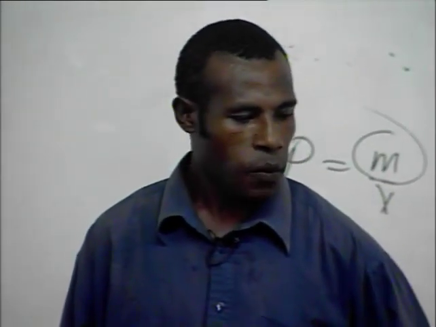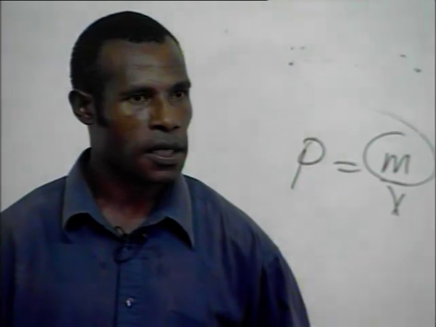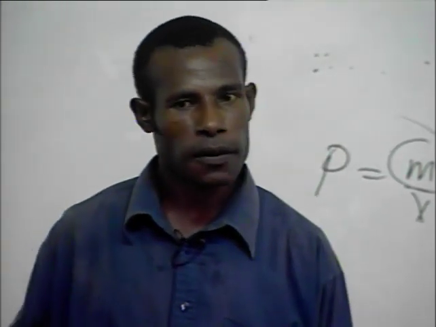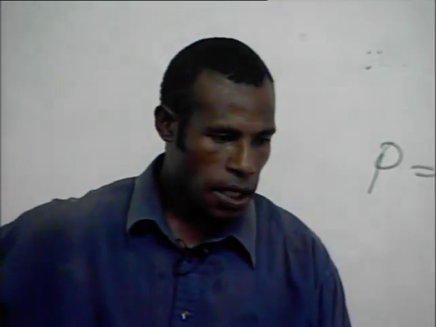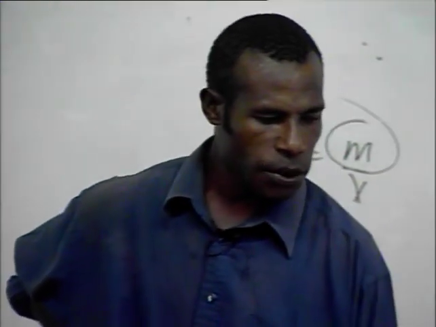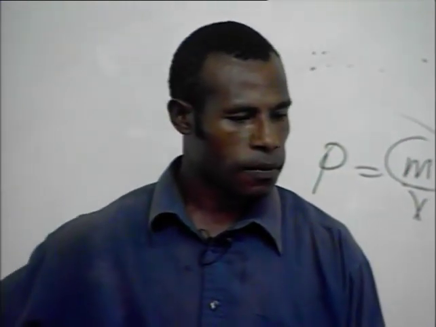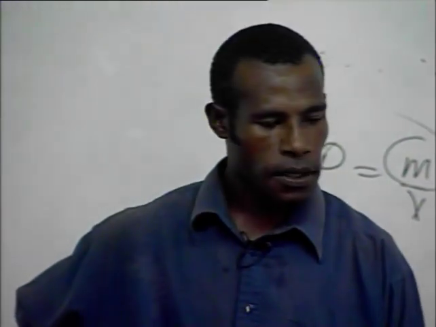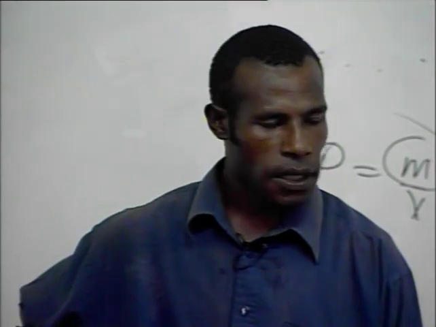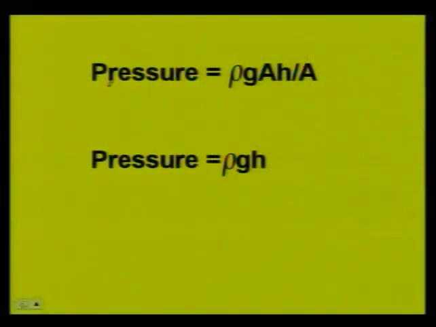Then, given the weight or the force exerted by that liquid, we have mass times acceleration, where the mass is taken from density times area times height. When we have that force, we can calculate the pressure, which equals density times acceleration due to gravity times area times height, over area.